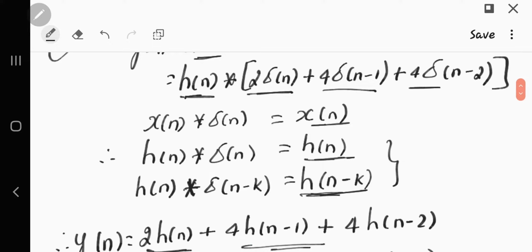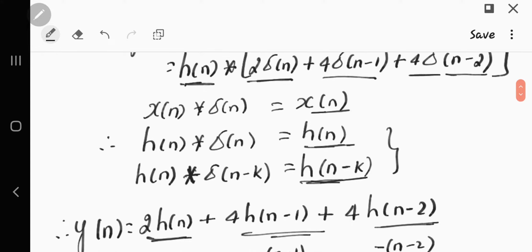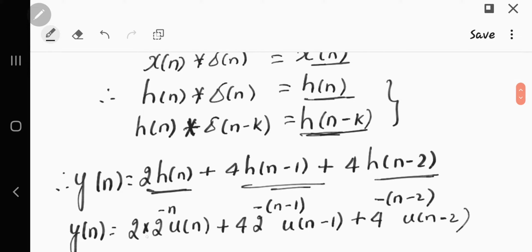And h of n convolved with 4 delta n minus 2 will give us 4 into h of n minus 2. So this is the expression we got. We have expressed y of n in terms of h of n, and now I substitute the values of h of n.